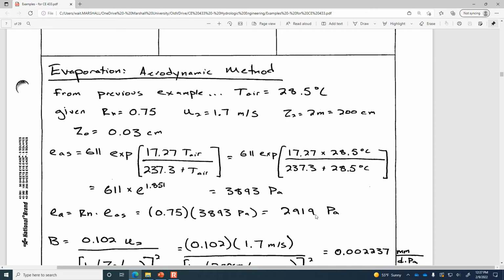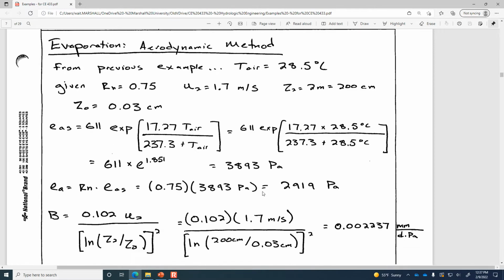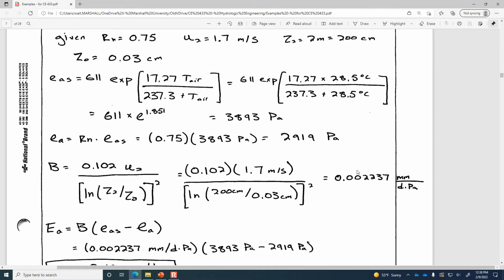So there's not going to be as much of a driving force to enhance evaporation as if the gradient was larger. The other aspect here, B, is we're quantifying how many millimeters per day of evaporation there will be per unit of pressure difference that's driving the reaction.